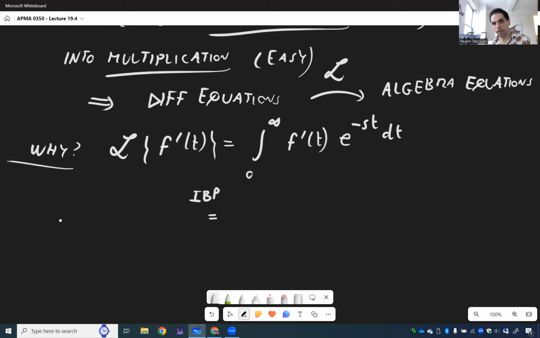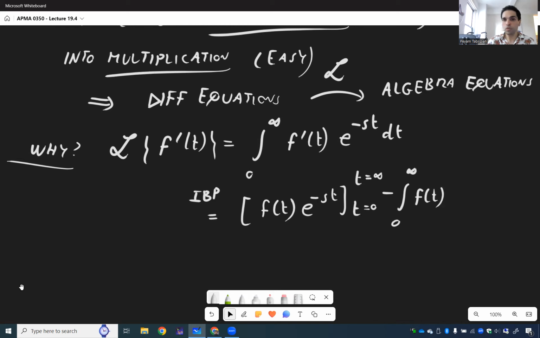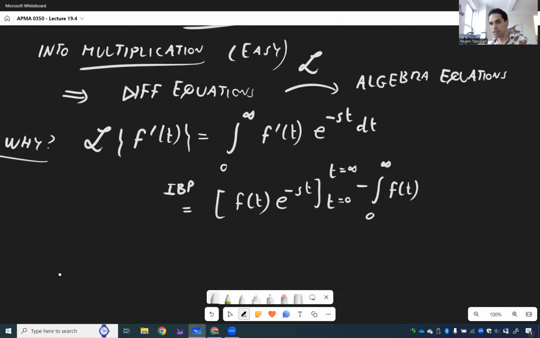So if you integrate by parts, dv becomes v. So f of t times e to the minus st from t equals 0 to t equals infinity, minus the integral from 0 to infinity of f of t, so v du. Here differentiate with respect to t to get minus s e to the minus st dt.